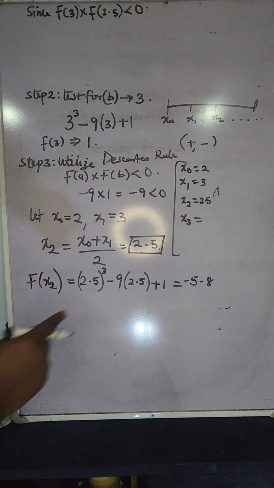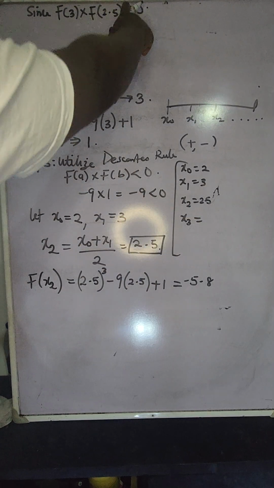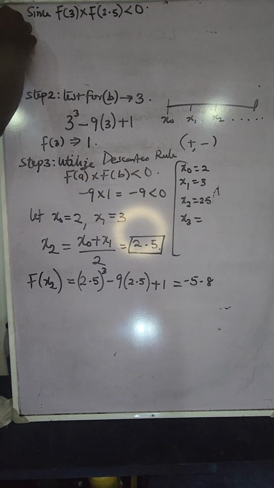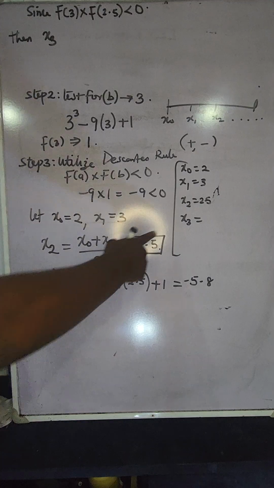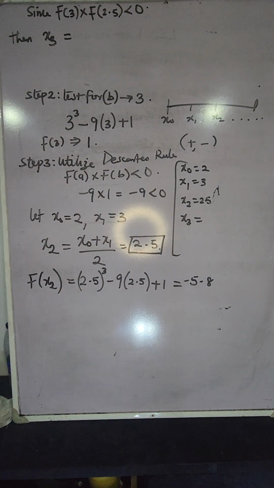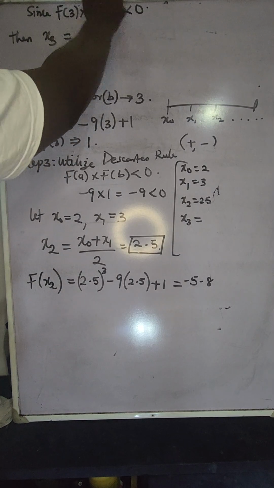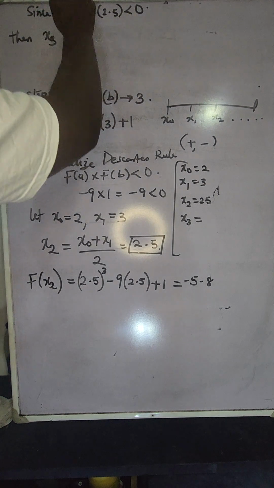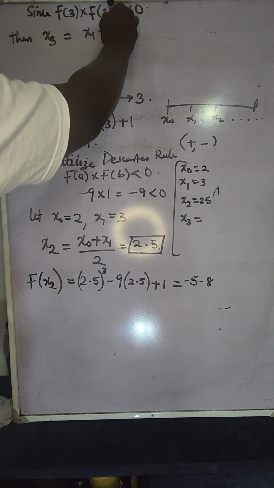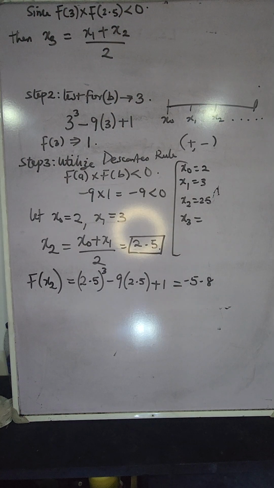So since f of 3 multiplied by f of 2.5 was less than 0, x3 will be 2.5 plus 3, or you can say x1 plus x2 divided by 2, as the name implied, bisection.